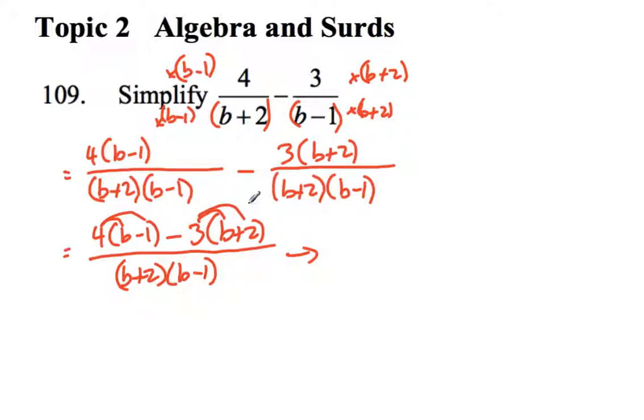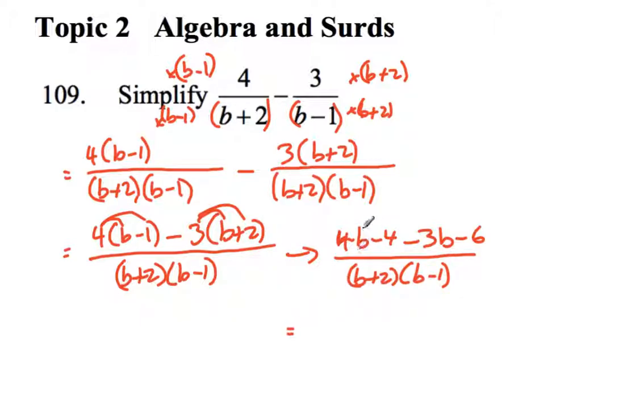So on the top we've got 4b minus 4, minus, and we'll be careful with this because the minus in front of the brackets is a bit prone to error, minus 3b, minus 3 times plus 2 is minus 6, all over b plus 2, b minus 1.